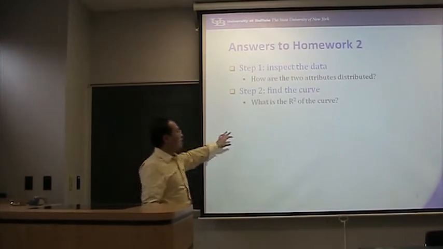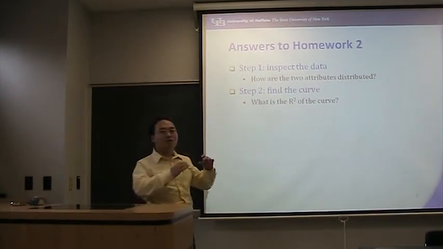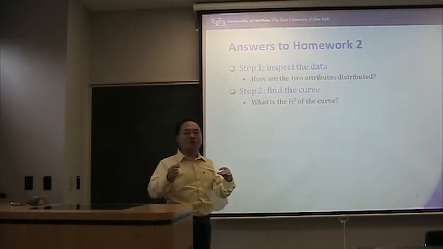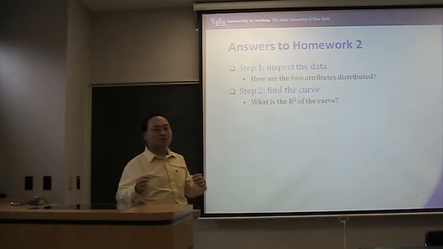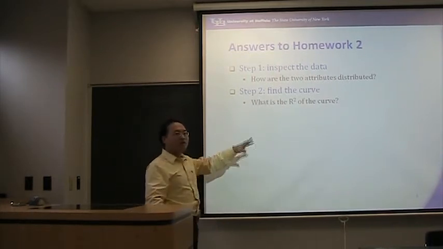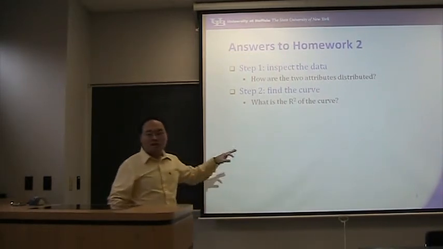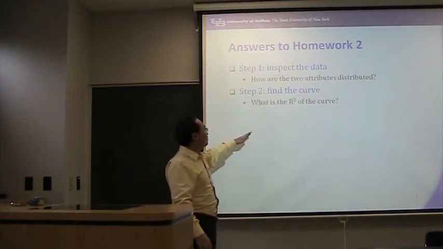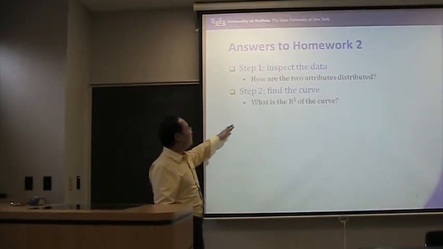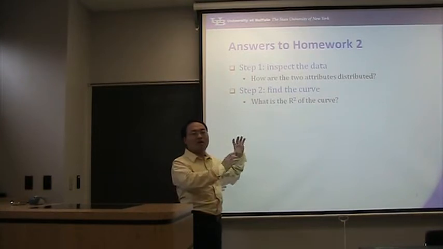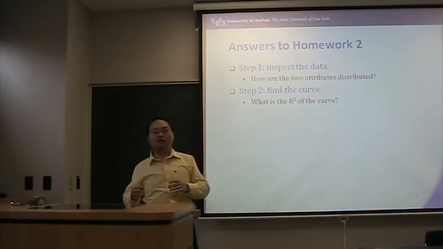I mentioned in the class, I don't want you to only use the curve to represent the result. But you still have to find the trend. And after finding the curve, you have to answer what the R square is, which means how the curve fits your data.